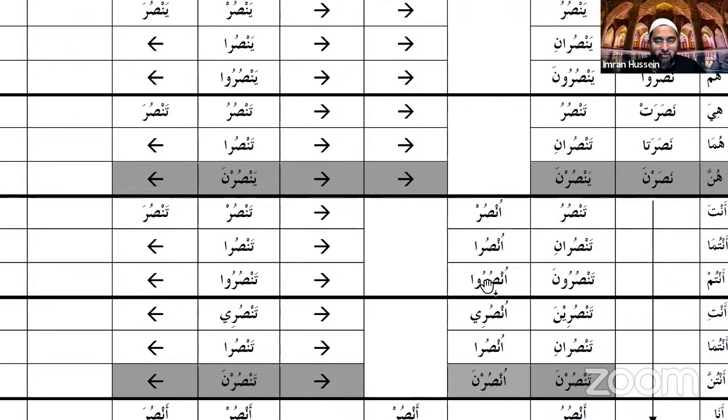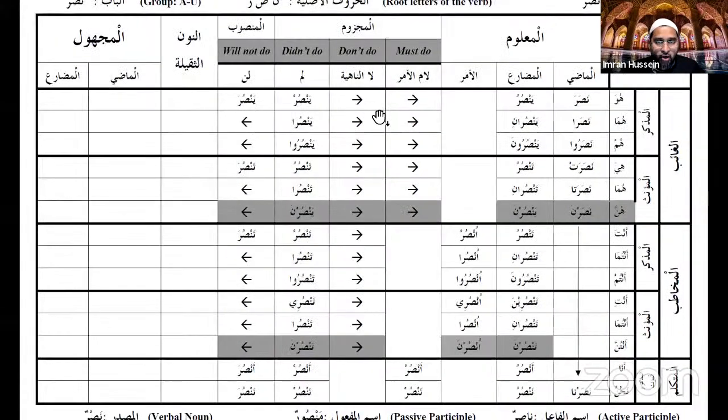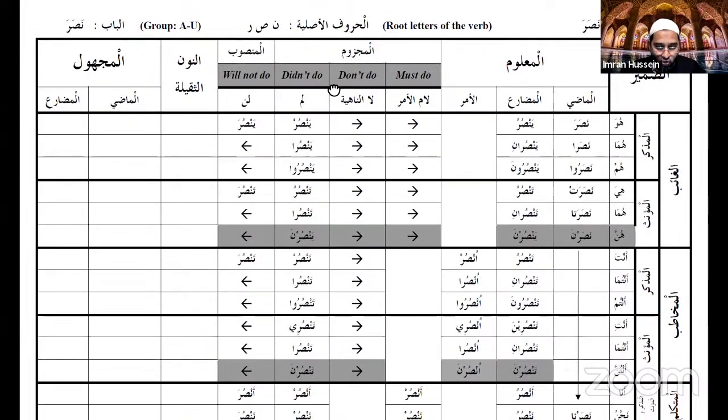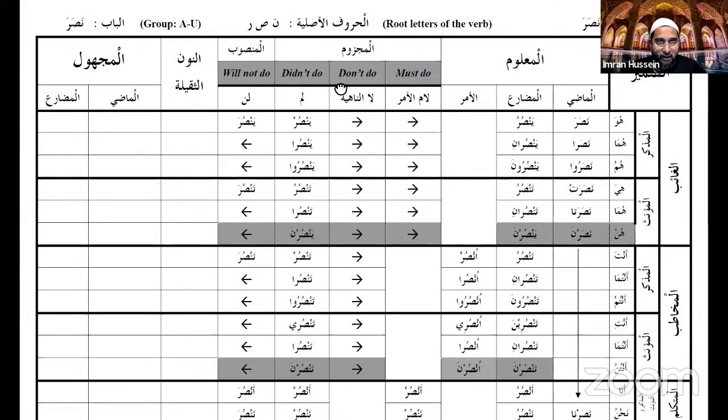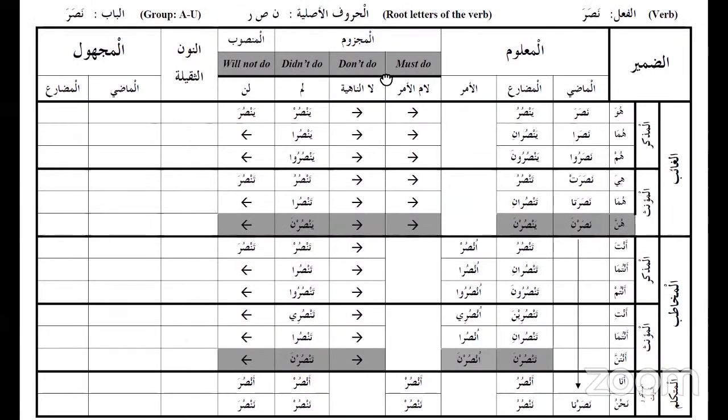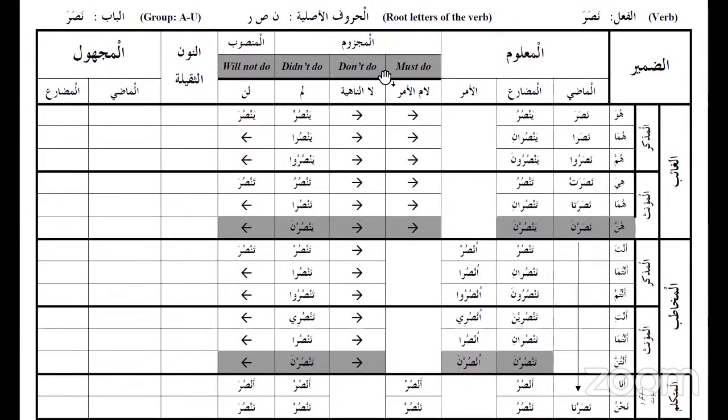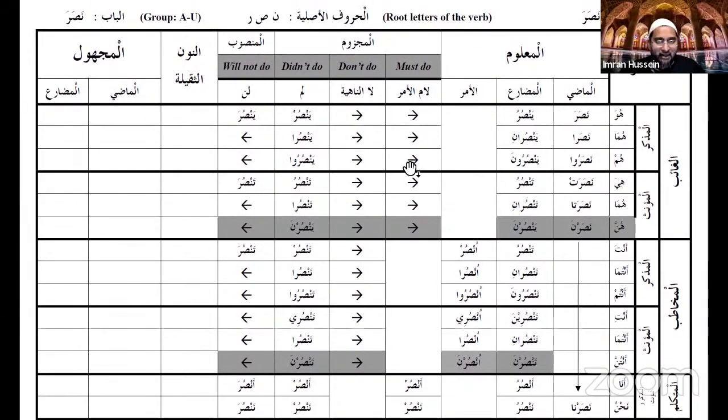That's why they are under the umbrella of fi'l mudari majzum. It has exactly the same meaning as li yansur, but this is a command for the second person, and you have the alif at the beginning. Exactly. Ahsanti.